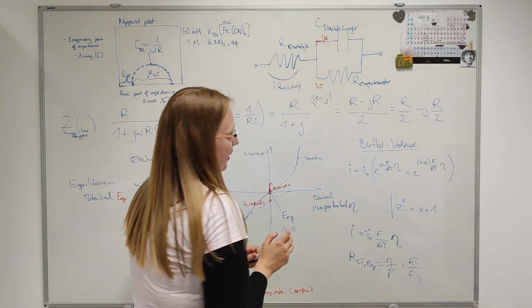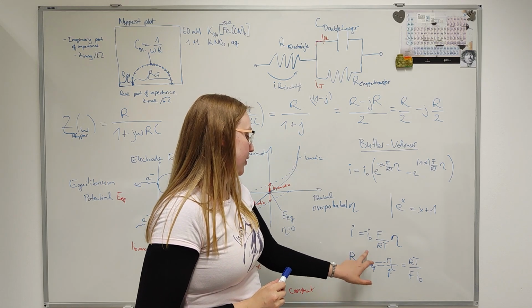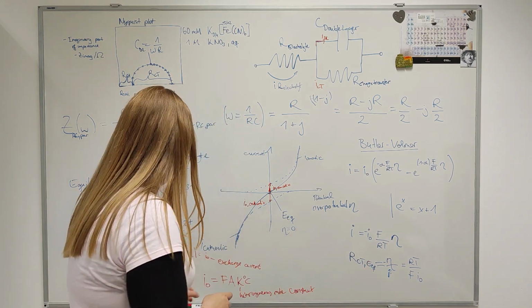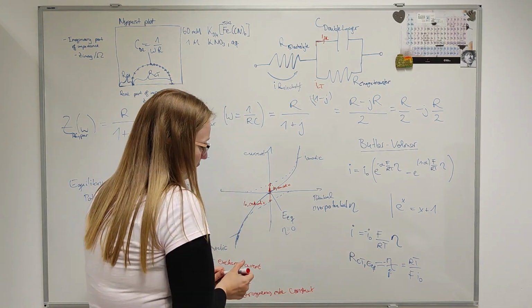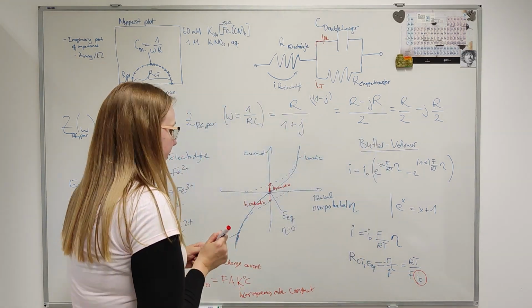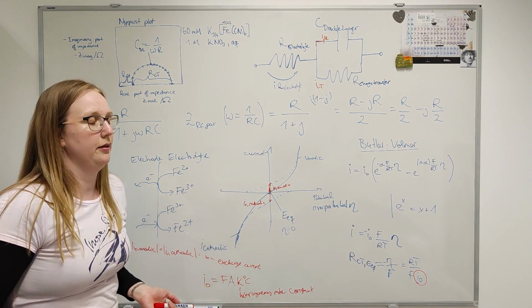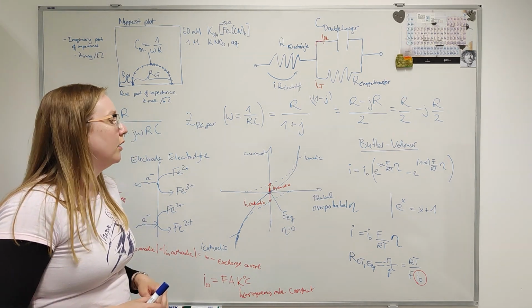And see that I can actually relate this specific charge transfer resistance, which I developed around the equilibrium potential, with the exchange current. So by this I can get meaningful measures out of my electrochemical impedance experiment.